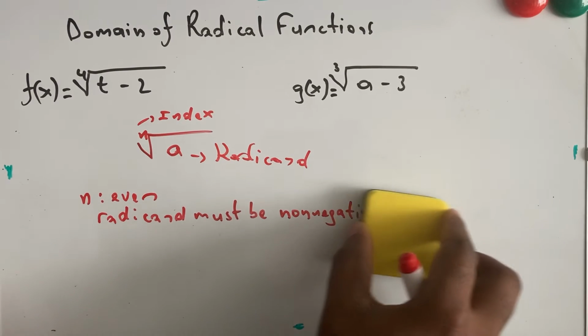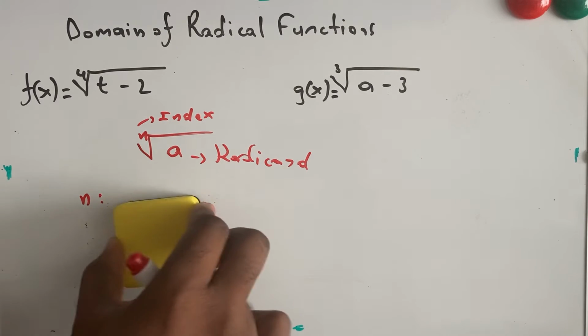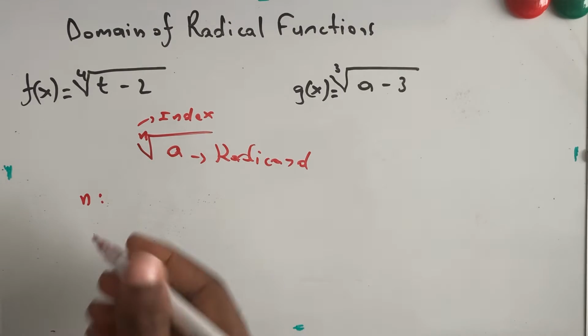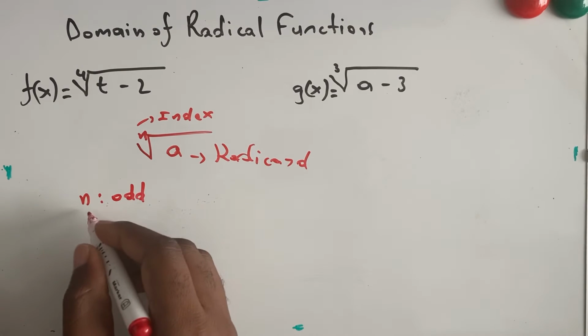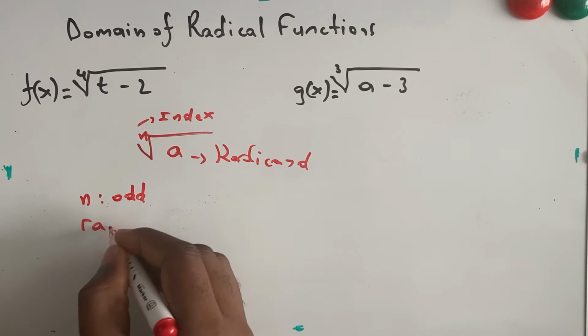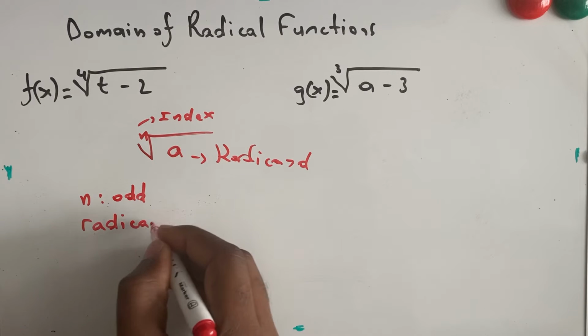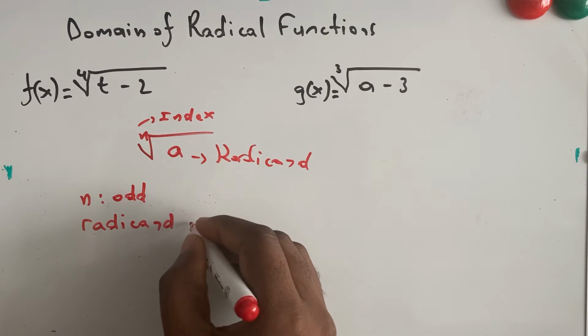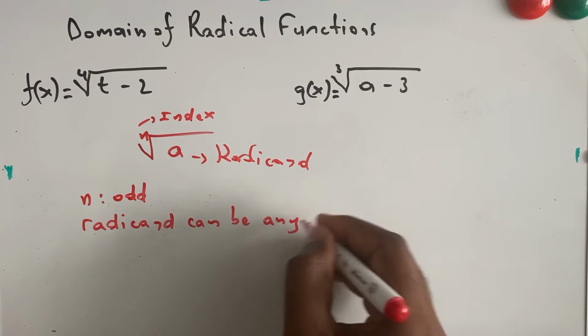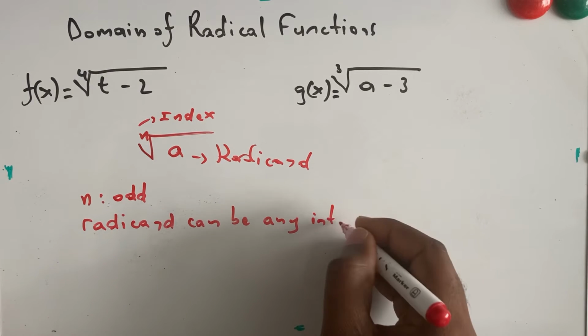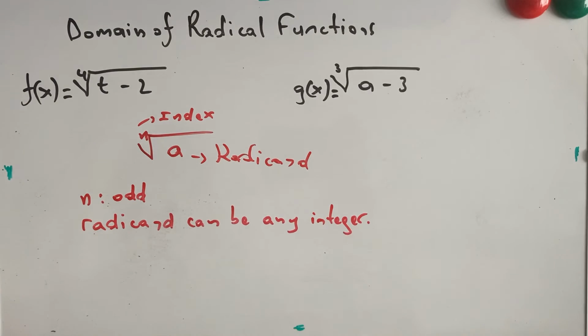Now, if n is odd, if the index is odd, you're free. The radicand can be any integer, either negative or positive.